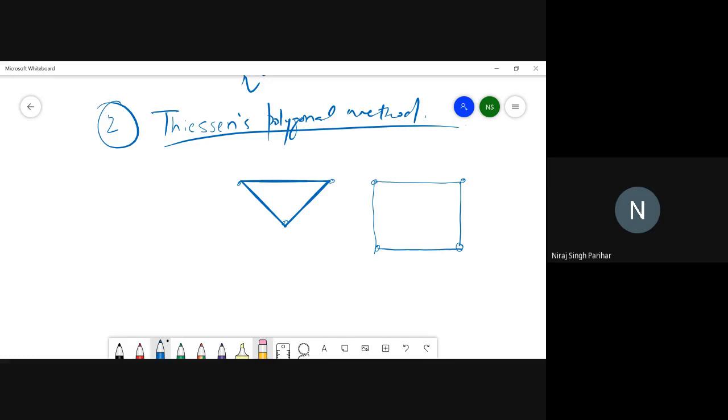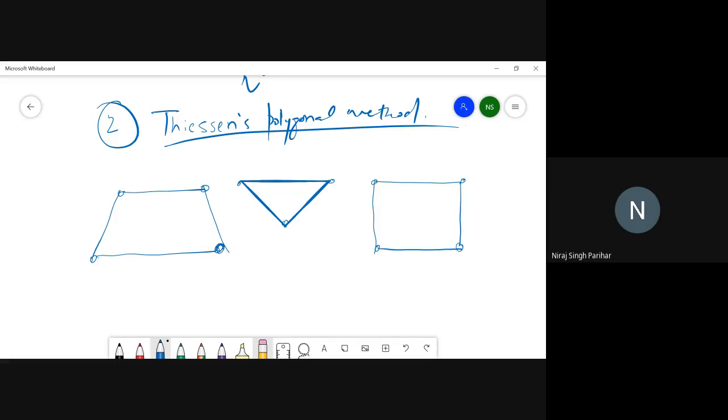That figure is some kind of a quadrilateral. Now it is not necessary that it will always be a square or a rectangle. It could be any kind of non-uniform figure.